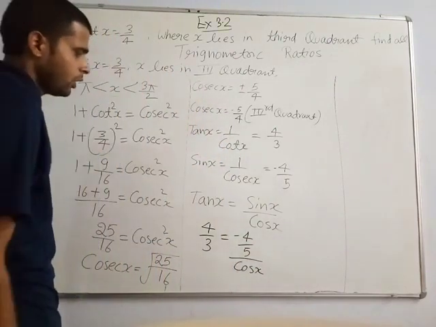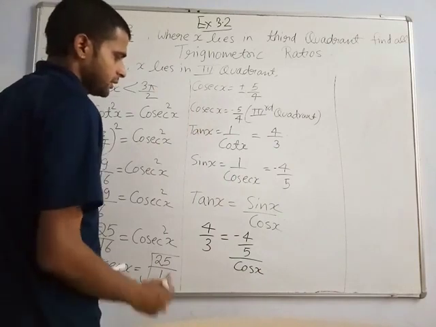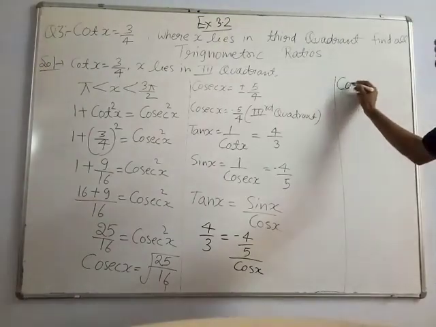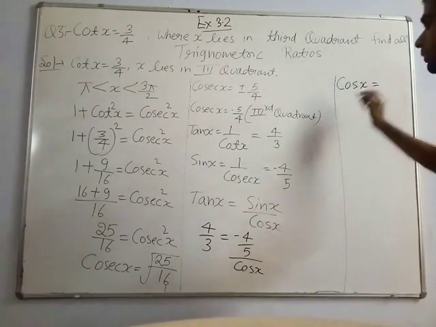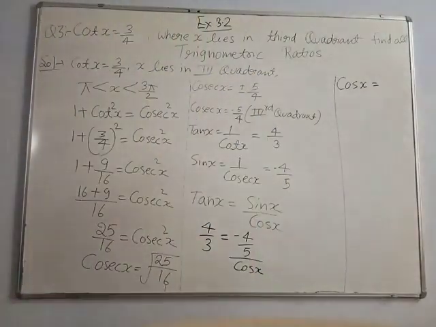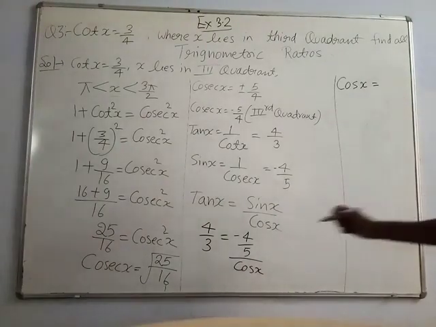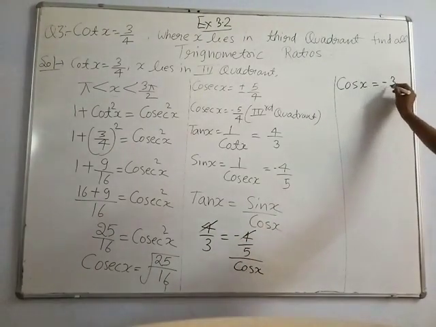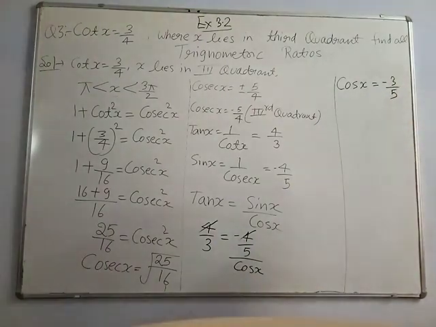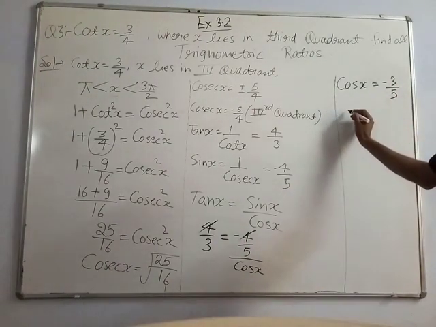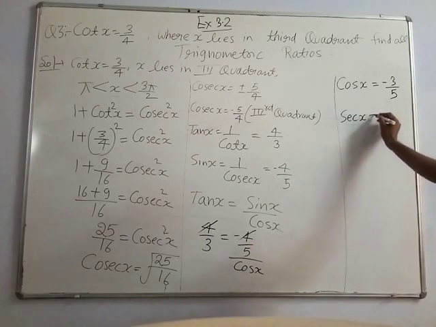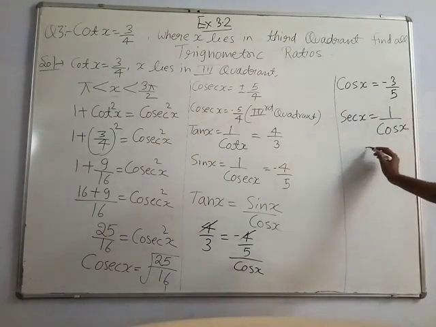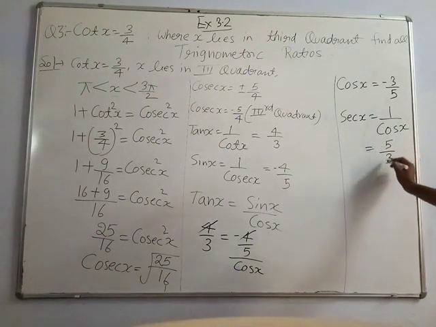So the value of cos x, okay, the 4 and 4 cancel, so cos x is minus 3 upon 5, right? So sec x is the opposite of cos x, meaning 5 upon minus 3.